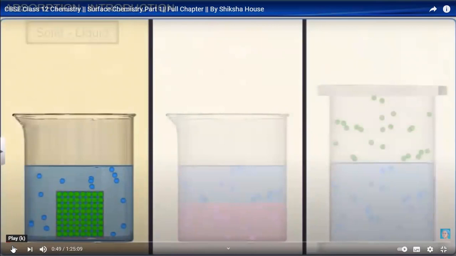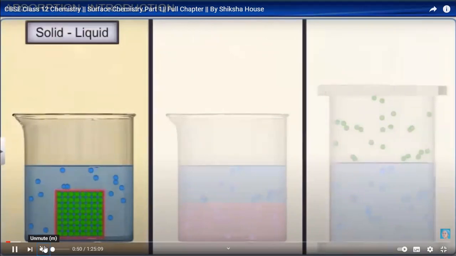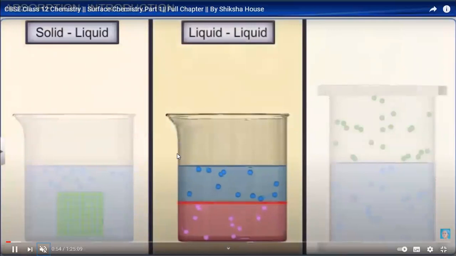We have so many examples like this. If you put some hard substance or a stone in water, the stone just sinks in the water, but the water does not penetrate the solid. It's just adsorbed on the surface.